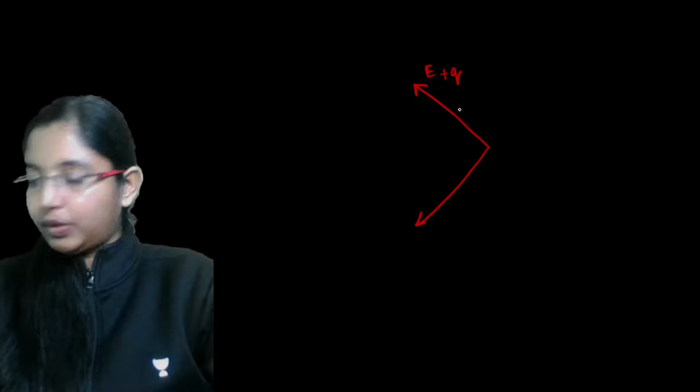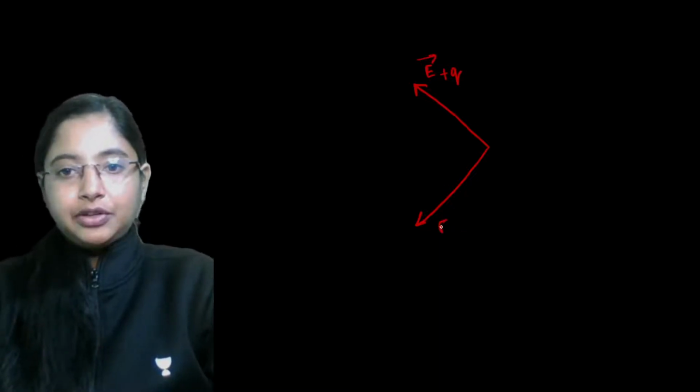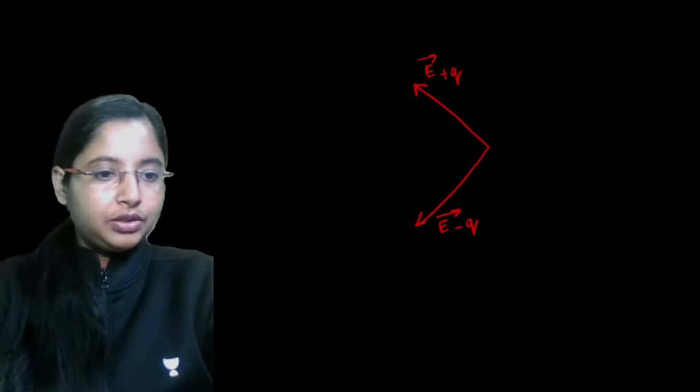We have one vector along this direction, another vector along this direction. This is the electric field because of the positive charge, and this is the electric field because of the negative charge. Now let's resolve these two vectors.